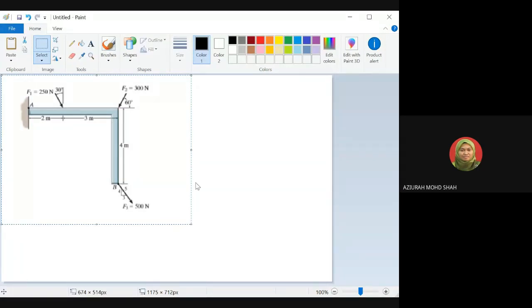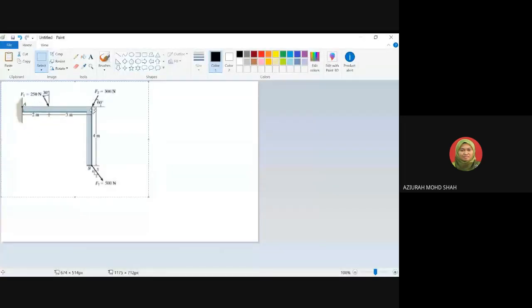So if we look at this, we have an L-shaped beam. Then we have three forces, F1, F2, F3. Each force here can cause a moment. Every force will produce a moment. So we try to solve the first one, F1.